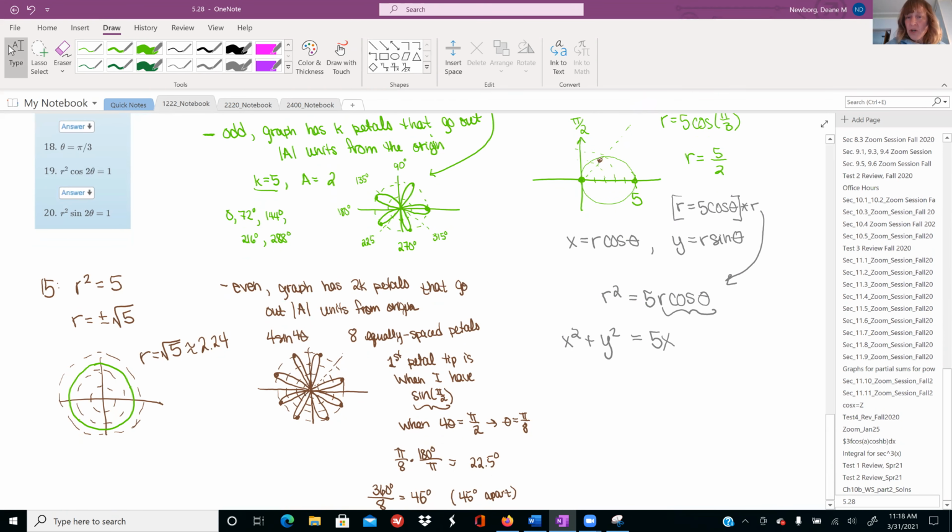Well, then we would subtract the 5x from both sides. And then we could complete the square in x. Half of the middle coefficient would be -5/2, and then you square it and you get 25/4.